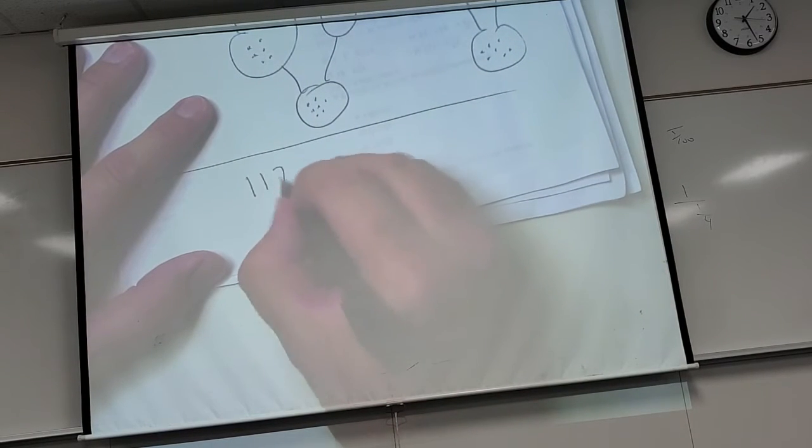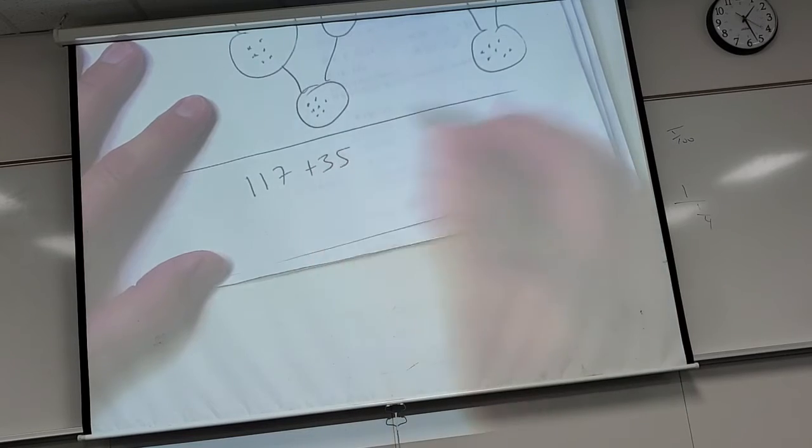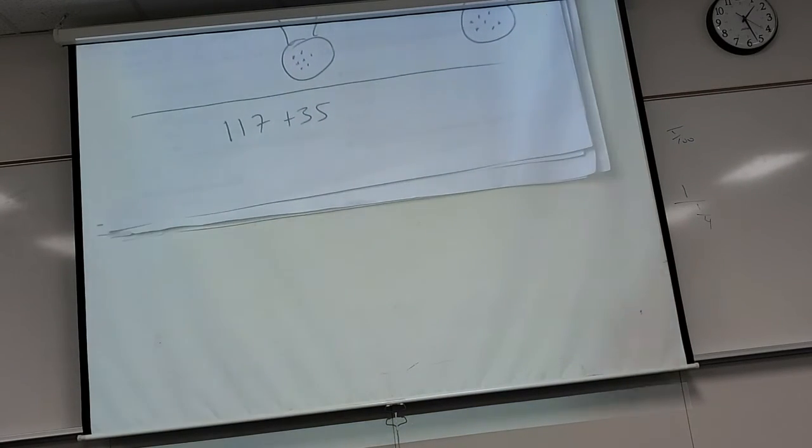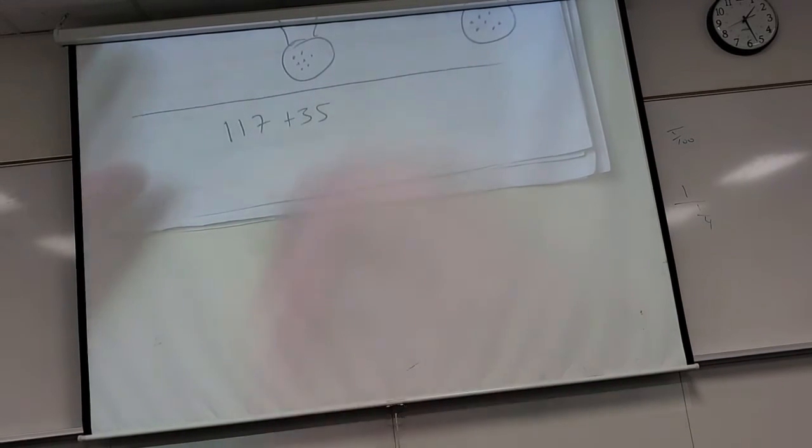If I had to do something like 117 plus 35, real quick, I just want to show you something. This is sort of related to Common Core, which a lot of people enjoy beating up. There's parts of it I don't like, to be honest, but parts of it are fine. Parts that people don't understand are further thinking about how numbers work. I love it. But watch this.